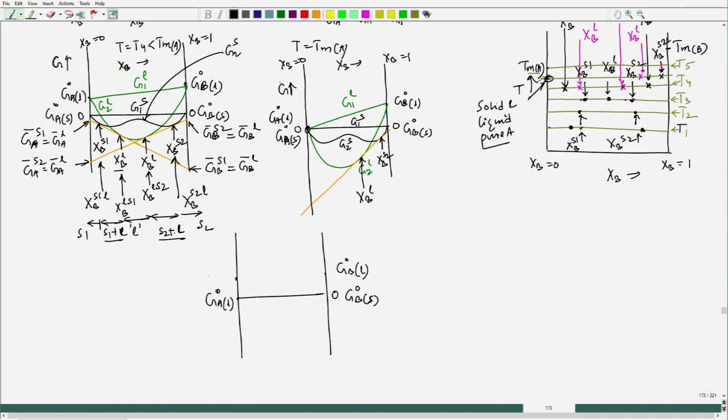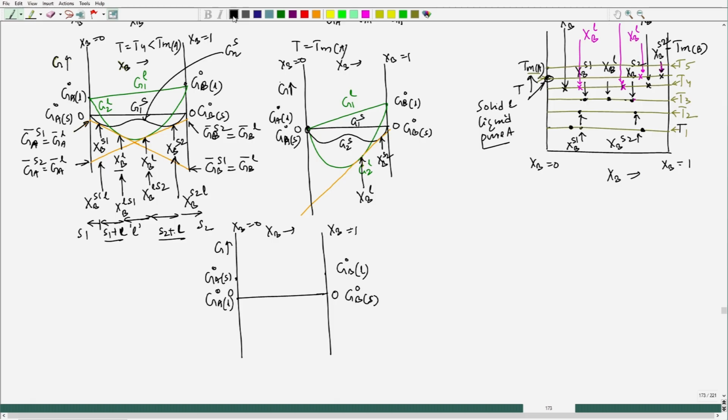Now, it will be liquid, solid, 0, 0 point, X B is varying this way, this is X B equal to 1, X B equal to 0, this is G axis, this is composition axis.